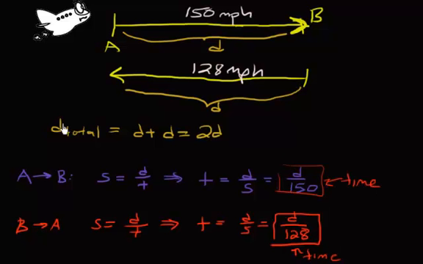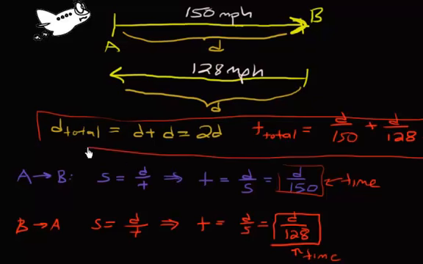So back up here, when I said I needed the total distance, which I have, I also need the total time. Let's call that T total. That's going to equal the time it takes from A to B, and then the time it takes from B back to A. So these are the two pieces of information that I need.